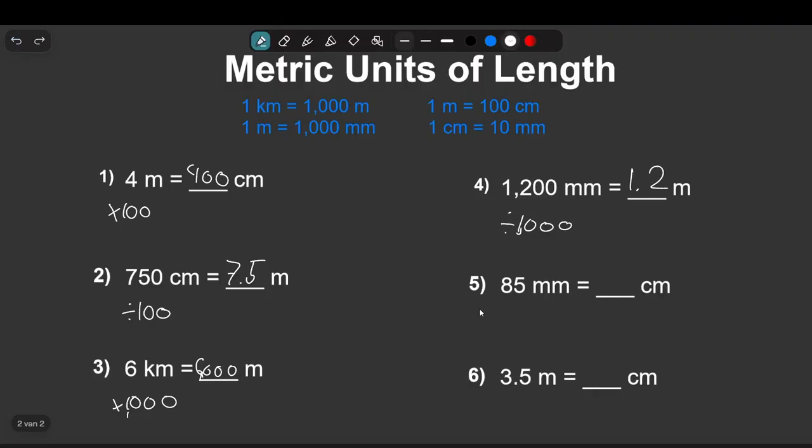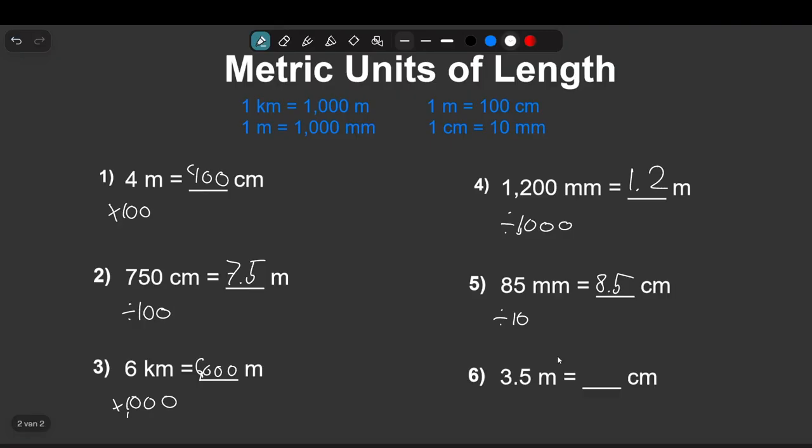So we have to look, are we going to a bigger unit or a smaller unit? Well, we are going to a bigger unit, so this means we have to divide again. We're going to divide by the amount of millimeters it takes to create 1 centimeter, which is 10. So we're going to divide 85 by 10, and this will equal 8.5.